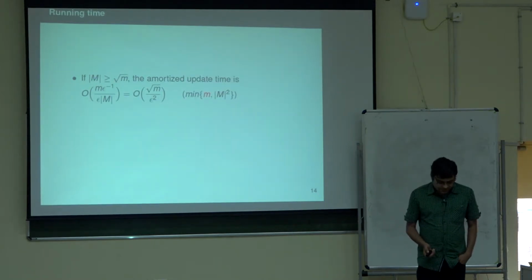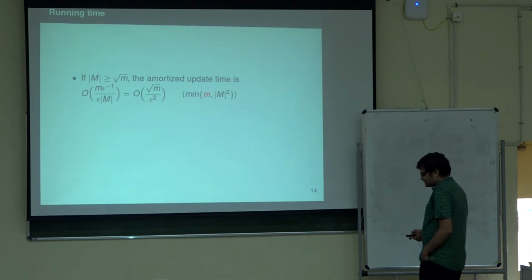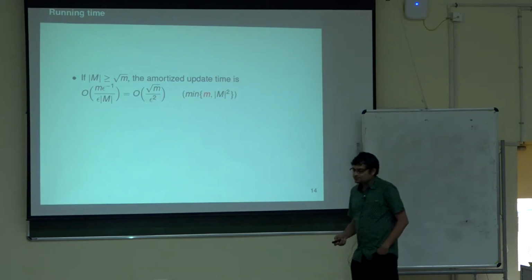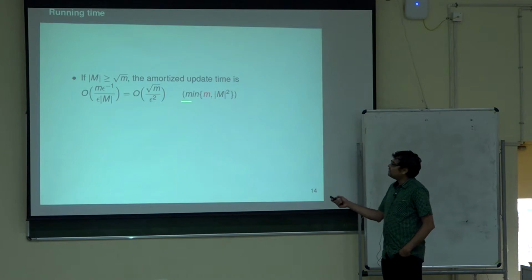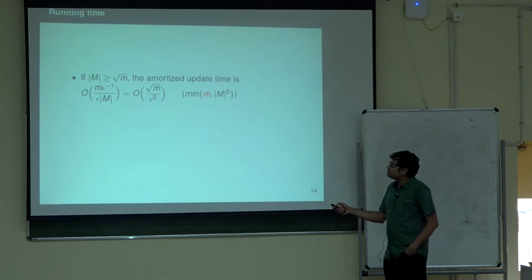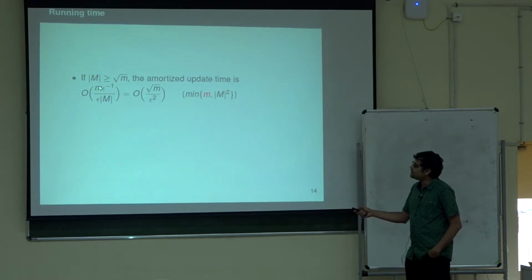So what's the running time of this algorithm? As I said, this algorithm runs in phases, so let's look at one of the phases. At one particular update step, you found the matching, and suppose the size of that matching m is greater than square root of m. So at that particular update step, you found a matching in that graph, and the time taken to find that matching is the minimum of m and m squared, because that was the size of the graph.